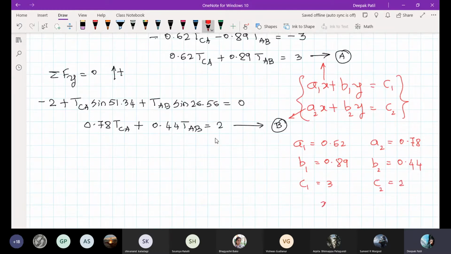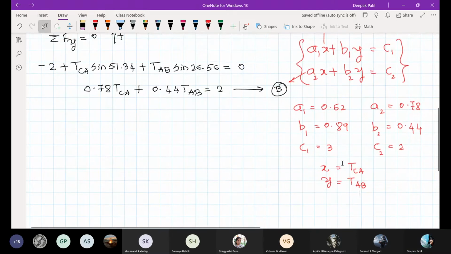And what will be the values of X? X will be TCA, which is unknown, and Y will be TAB. Correct or not, students? Yes, sir. Then how will you solve simultaneous equations?